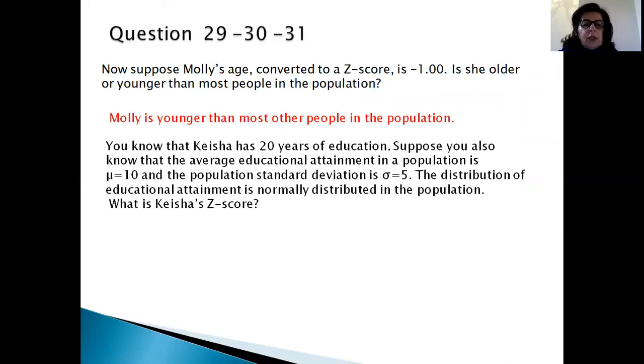You know that Keisha has 20 years of education. Suppose you also know that the average educational attainment in a population is mu equals 10, and the population standard deviation is sigma equals 5. The distribution of educational attainment is normally distributed in the population. What is Keisha's z-score? Can we calculate the z-score just with the information we know?